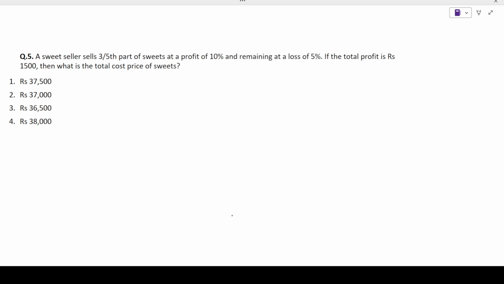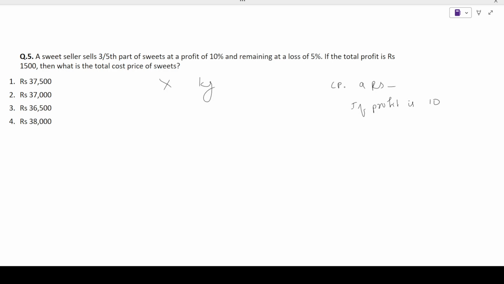First of all, let us suppose the sweets are being sold in kg. So we have initially x kg of sweets. Another thing we can learn is that suppose you purchase an item for A rupees, and you earn a profit of 10%.